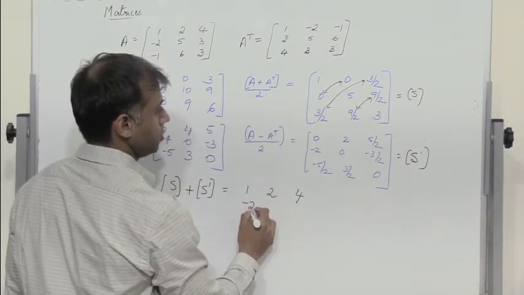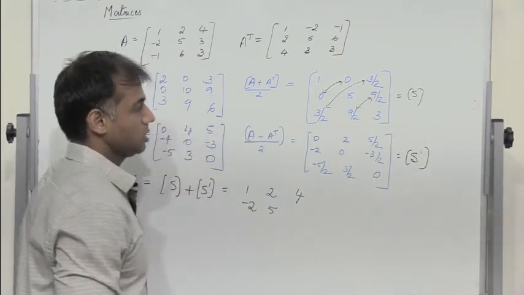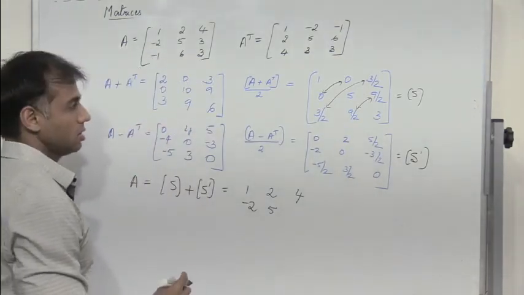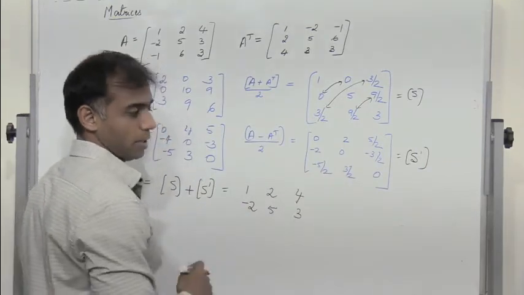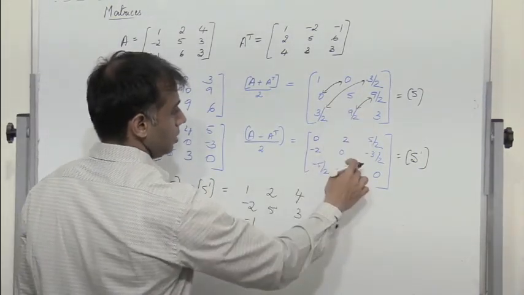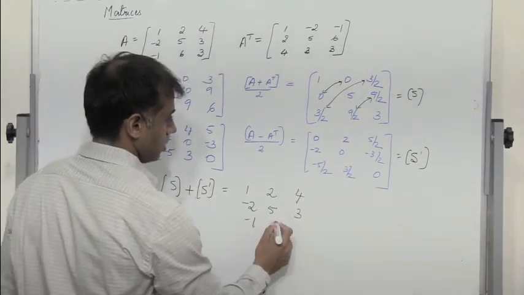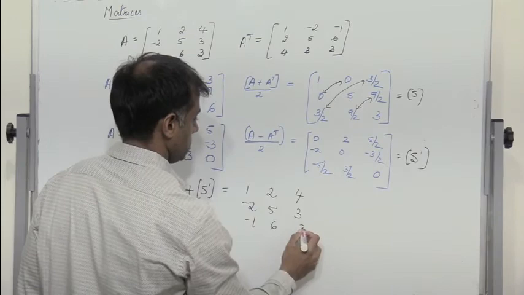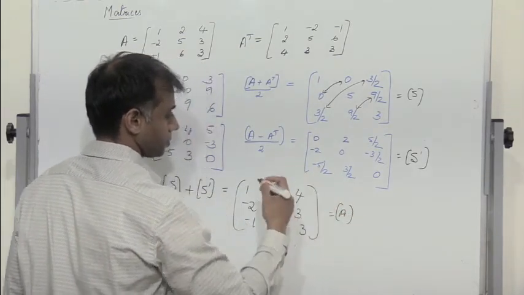Next minus 2, 5 plus 0 is 5. 9 by 2 minus 3 by 2 is 6 by 2 which is 3. Then 3 by 2 minus 5 by 2 is minus 2 by 2 which is minus 1. 9 by 2 plus 3 by 2 is 12 by 2 which is 6. And then I have 3 plus 0 is 3. So I end up getting matrix A.